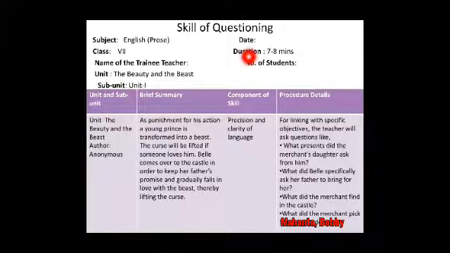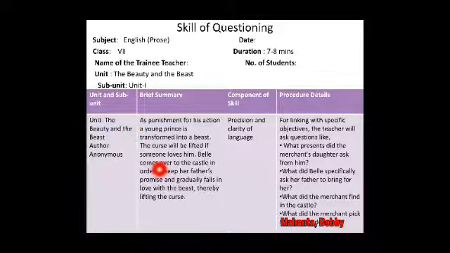And on the other side you mention the date, the duration of the time, and the number of students. As it is micro teaching, if you remember, the time should be reduced. So 5 to 10 minutes. So the stipulated time taken is 7 to 8 minutes. So this is how it has been divided.